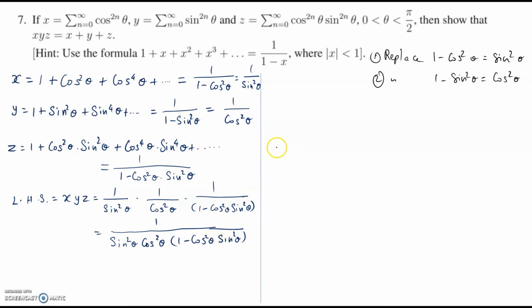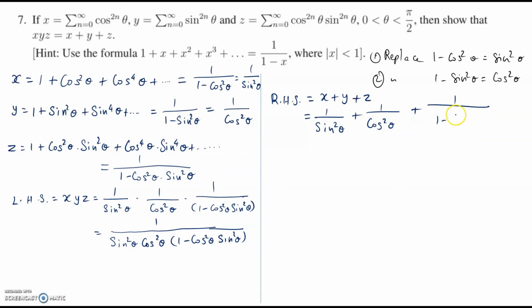Now let's look at the right hand side. So our right hand side is x plus y plus z. So that would be equal to 1 by sine squared theta plus 1 by cos squared theta plus 1 by 1 minus cos squared theta sine squared theta.